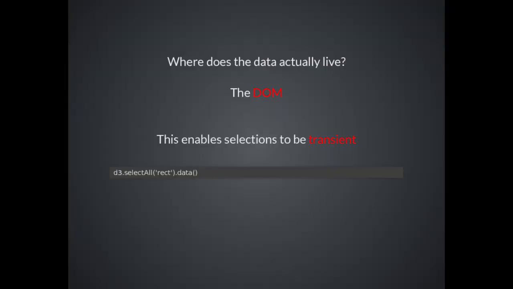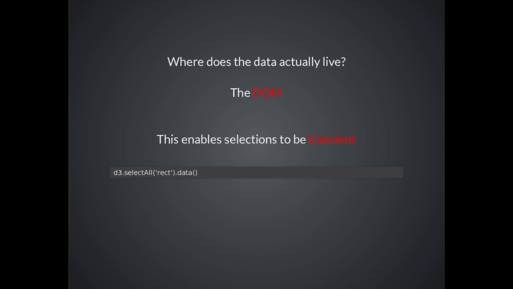And so this leads to the last main point about selections. Selections are transient, right? The data doesn't live in memory in JavaScript. I mean, it can if you have a variable that references it, but that's not the point. The point is not that we're adding a layer of JavaScript with some rich object graph that stores our data, which represents something on the server, and that's what we use, right?